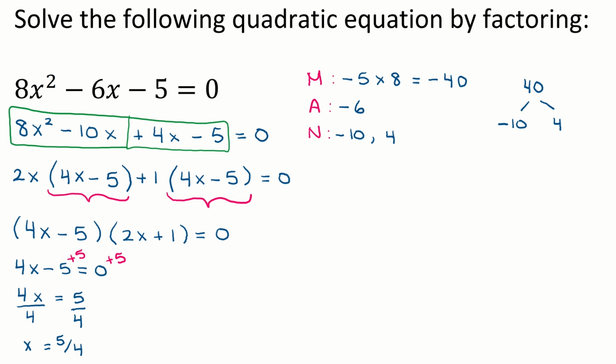My next bracket is 2x plus 1 is equal to 0. So first I'm going to subtract 1 from both sides, giving me 2x is equal to -1. And then divide both sides by 2, which is giving me x is equal to -1/2. And that's how I'd solve that one.